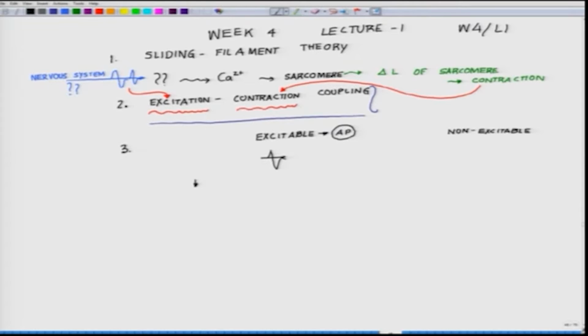Falls are neurons or nervous systems, falls are muscle, and some of the neuroendocrine cells.